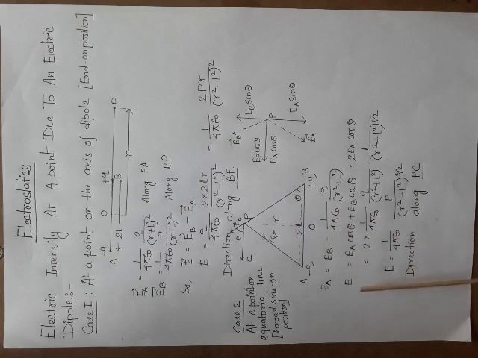So the magnitude of EA is equal to EB is equal to 1 by 4 pi epsilon naught q divided by r square plus L square according to the definition of electric field.